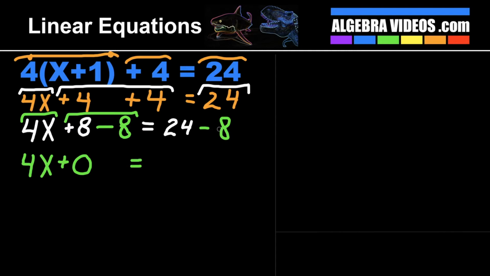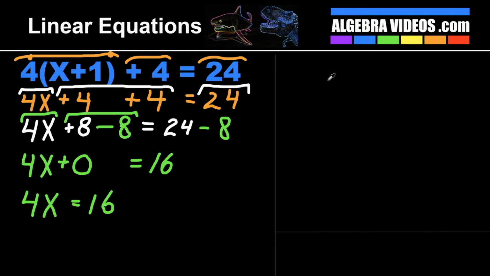And then 24 minus 8 on the right side is 16. So 4x plus 0 equals 16. So let me rewrite that down here. 4x, and we can leave off the 0, right? We'll just say 4x equals 16.